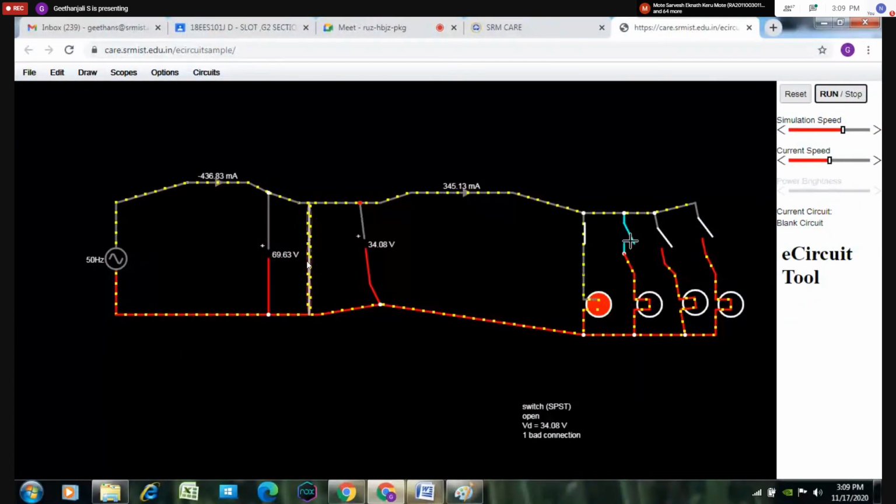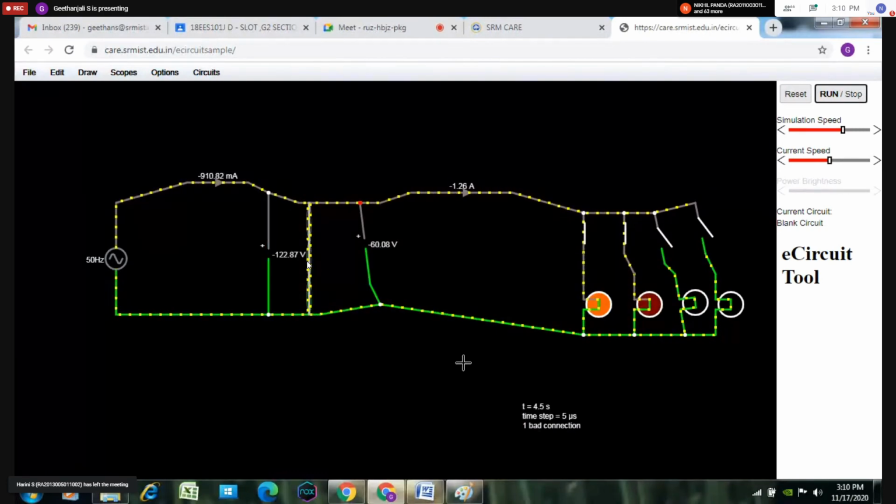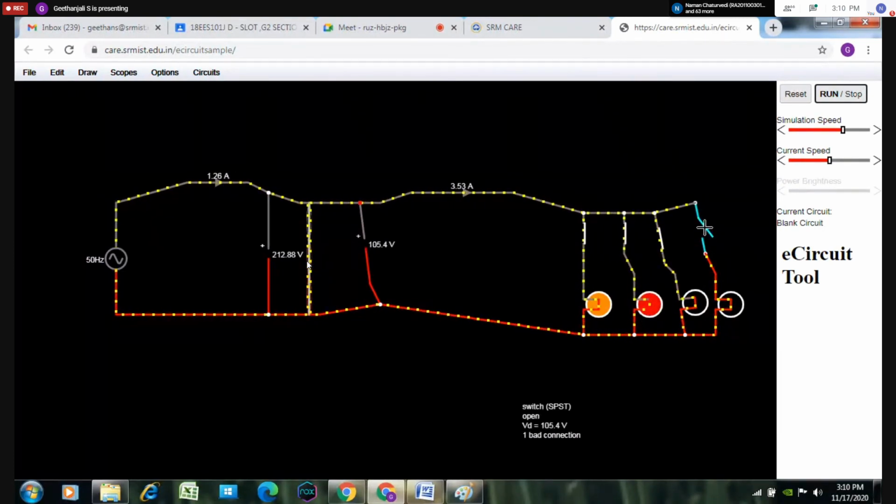The next step is you have to switch on the second lamp. Then you have to stop the simulation and make a note of the reading. Next, switch on the third lamp, and the fourth lamp, and repeat the same procedure.